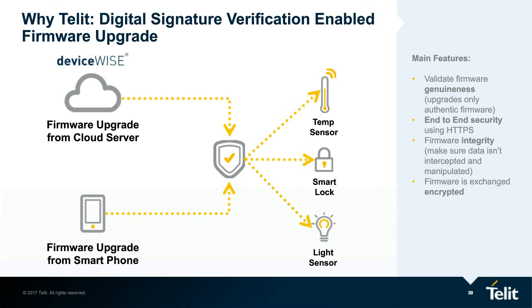The firmware integrity is also made sure, and the genuineness. When I say genuineness, it needs to be made sure that there's no man-in-the-middle attack, and nobody has tampered with the firmware. So this entire scheme is already in place and is offered as off-the-shelf, and it has been achieved using digital signature verification, right?